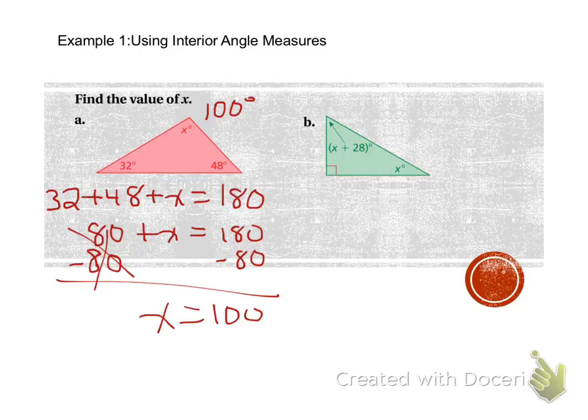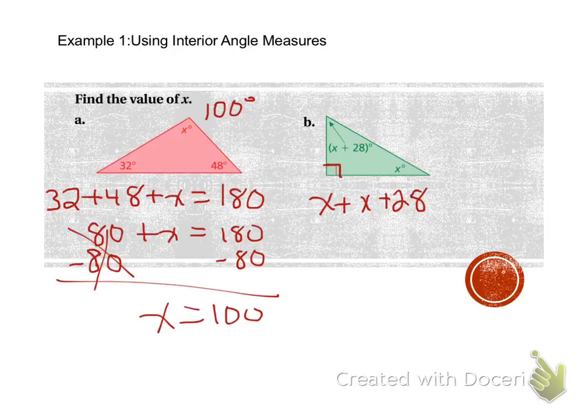Now for B here, that little mark that shows kind of a square, that means that that is 90 degrees. So if we're going to add all these angles, we're going to start here and have an x plus, this angle right here is x plus 28.